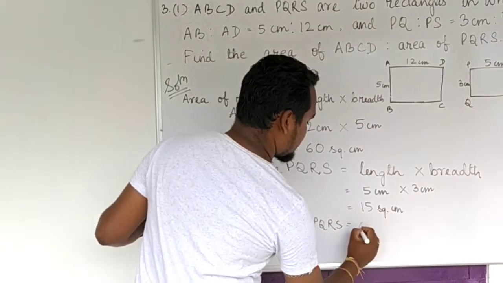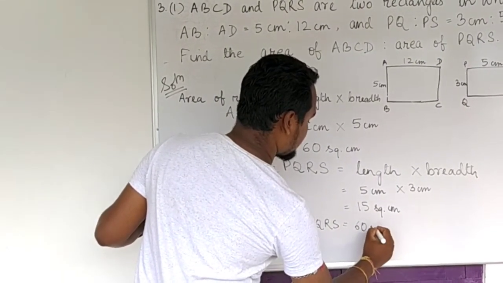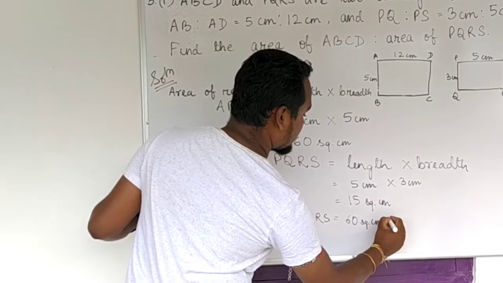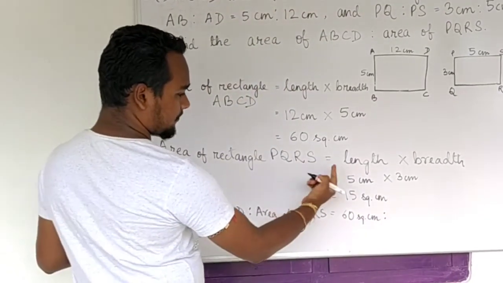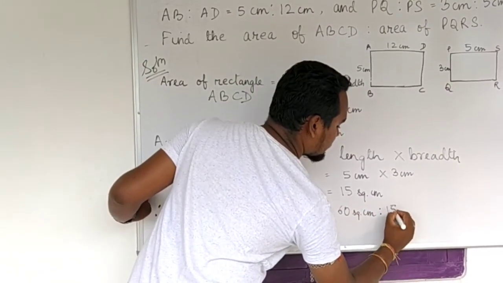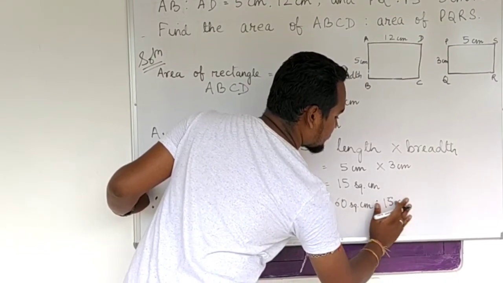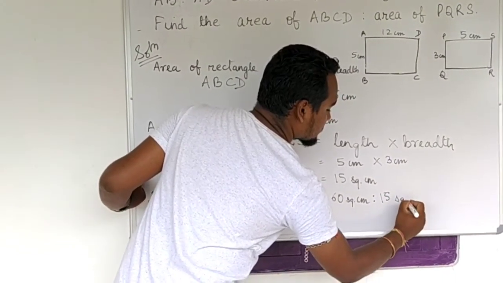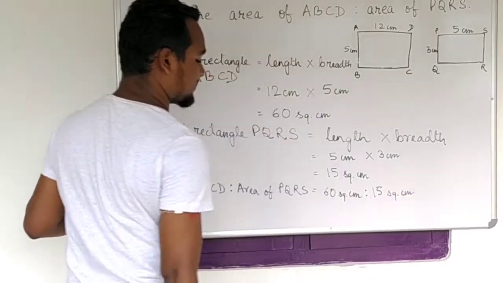Area of rectangle ABCD is 60 square centimeters to PQRS is 15 square centimeters.